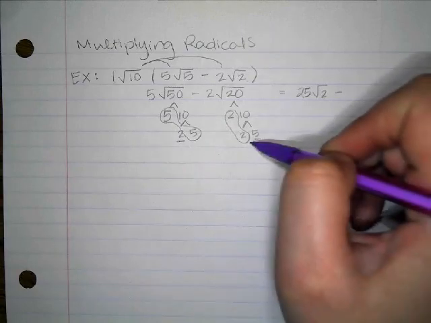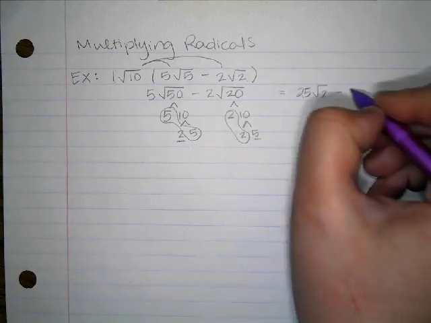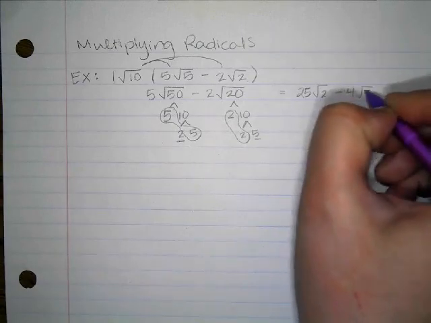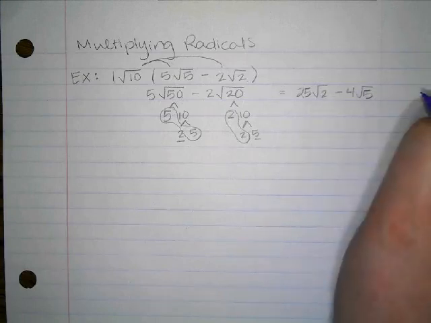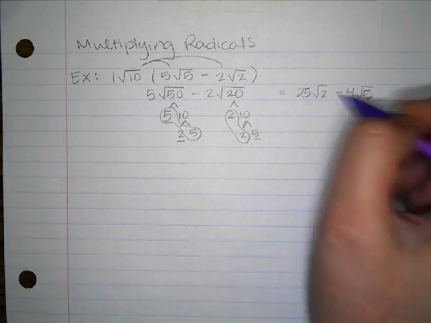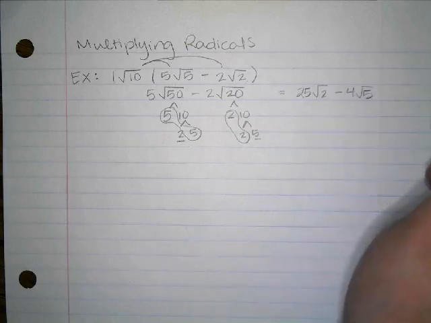And then over here we have 4 square root 5. They are not like terms, so we can't put them together. So we're done. Okay. We can't put them together because this is a root 2 and a root 5.